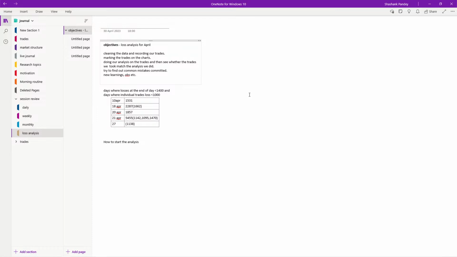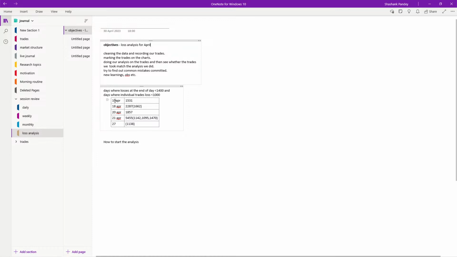So we are not gonna analyze everything. What we are going to do is days where losses at the end of the day were more than 1400 per lot, and days where individual trades had losses of more than 1000 per lot.